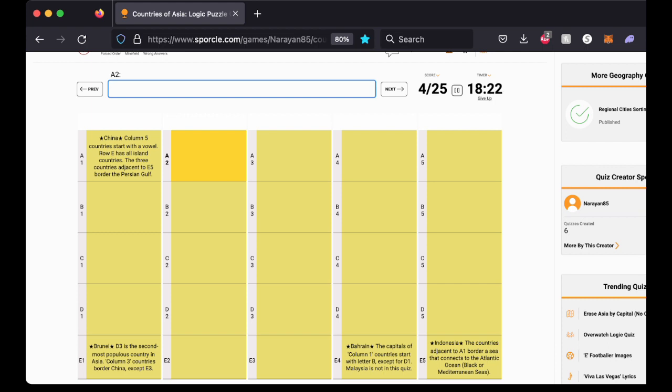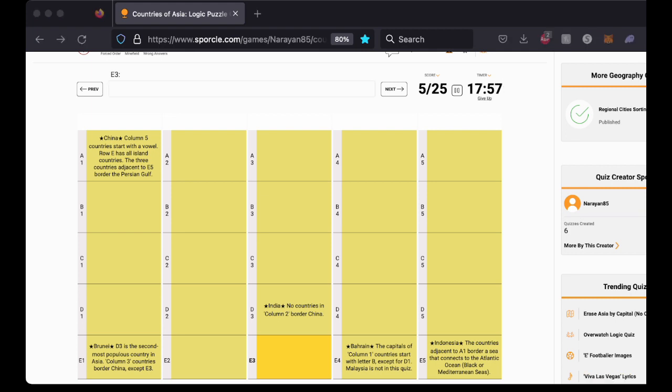Okay, second most populous country in Asia is D3, so that would be India. Column 3 countries border China except E3. Okay. Now, what is another country that borders the Persian Gulf that starts with a vowel?